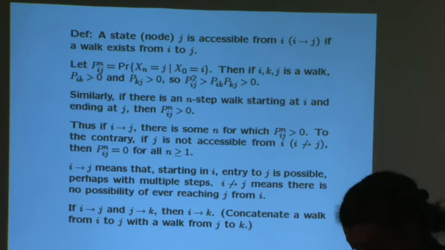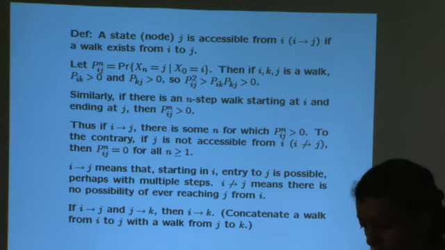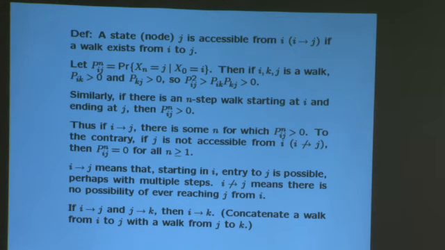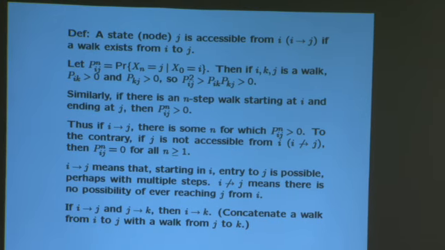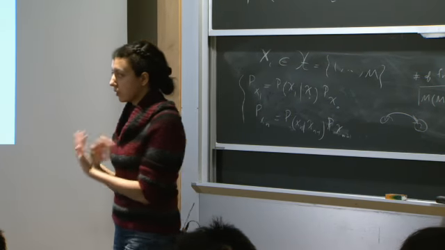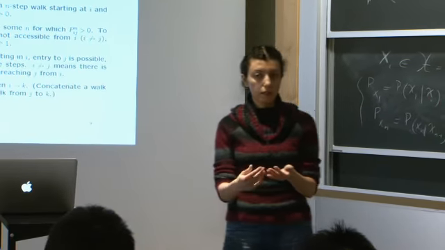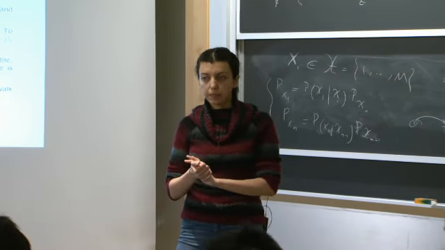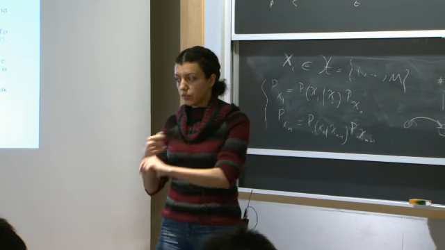But the nice thing is what I emphasized in the graphical model, which is about whether there's any positive probability of going from I to J. So if J is accessible from I, and you start at node I, there's a positive probability that you will end in node J sometime in the future. There's nothing said about the number of steps needed to get there, or the probability of that, except that this probability is non-zero. It's positive.